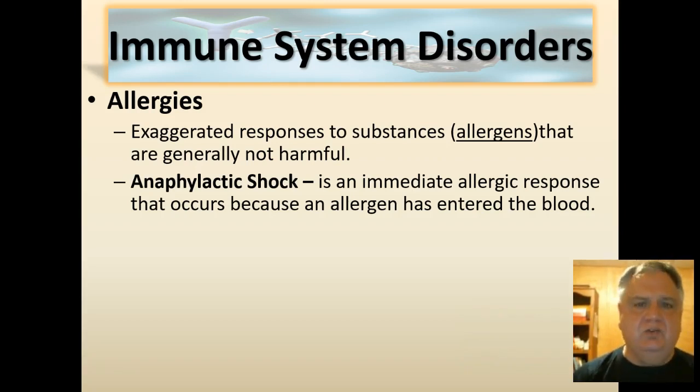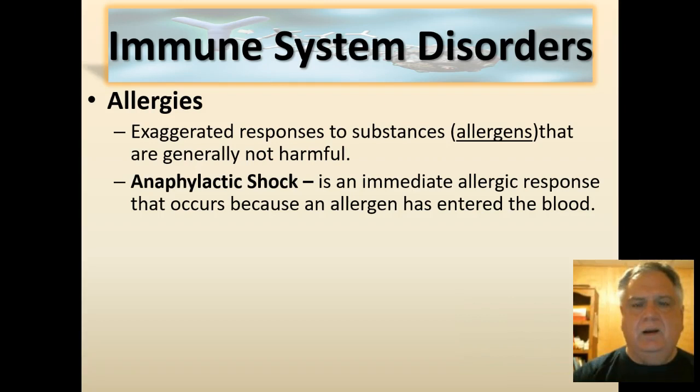So it's an exaggerated response, and you get this dilation of blood vessels all over the body. So that the blood now, instead of being directed into one place or another, is trying to be directed all over. What can happen with this dilation is there can be a very significant drop in blood pressure. And with that blood pressure drop, there's not enough blood pressure.